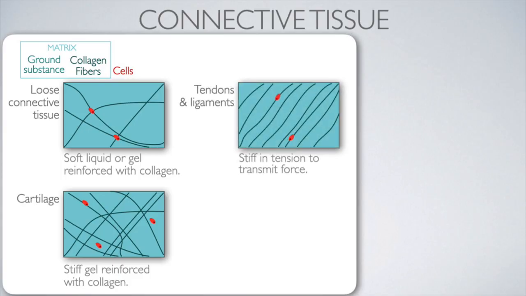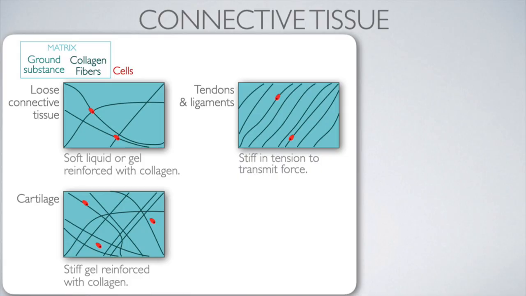Again, tendon has a higher composition of collagen fibers, and they tend to be aligned more than in cartilage because the loading is predictable, and those collagen fibers are aligned with the direction of tension generated by the muscles to which the tendon is attached.